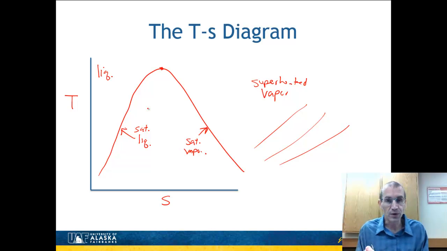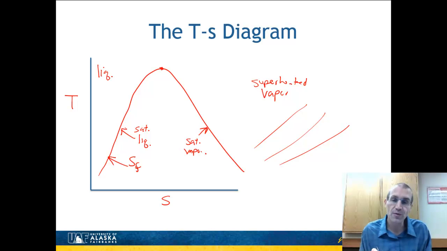Values of entropy, which we use the symbol S for, along that line right there will be S sub f values. So we use subscript f like we do with internal energy, enthalpy, and volume. And those along this line right here will be S sub g values.